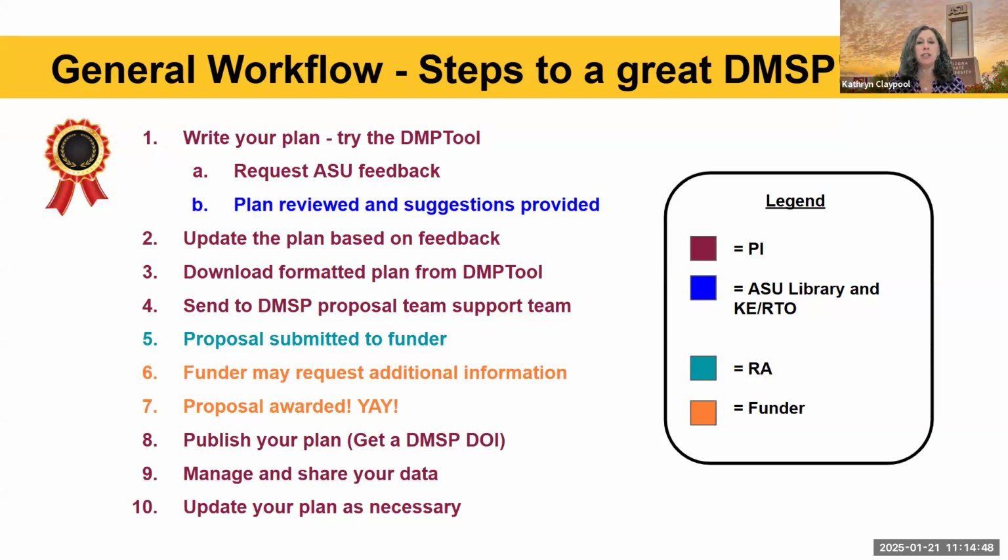And then from there, you manage and share your data and update your plan as necessary. So like I said, it's definitely a dynamic document and can change. And you can also put a lot of things in this plan as far as the roles. If you have a large research team, each person can be identified as a role in that plan.